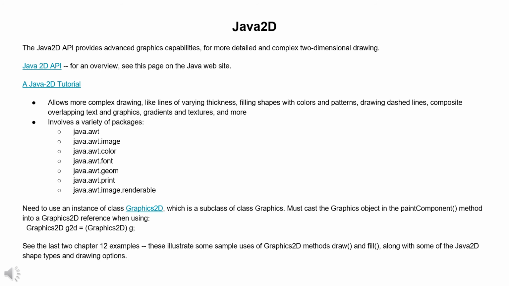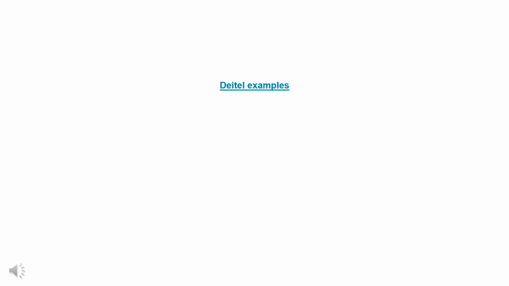You can see the last two chapters, 12 examples, for more information and more examples. By clicking on this link, you would be directed to the related examples. So you can easily click on the link, see the examples, and try the examples on your own to learn more.